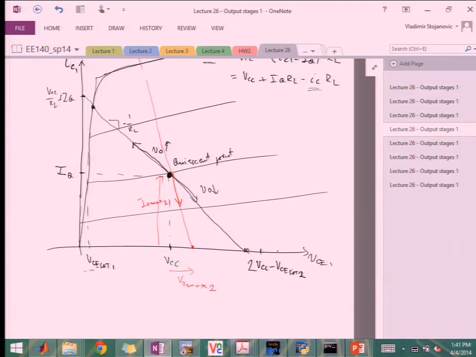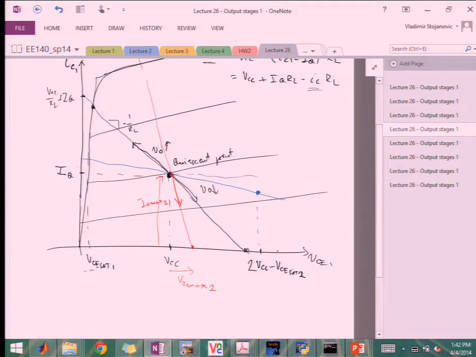So if I have a resistance that is very, very large, then our load curve will look something like this. Okay. And in this case, I will hit this boundary over here. So I will be able to achieve this most negative voltage before Q1 turns off.